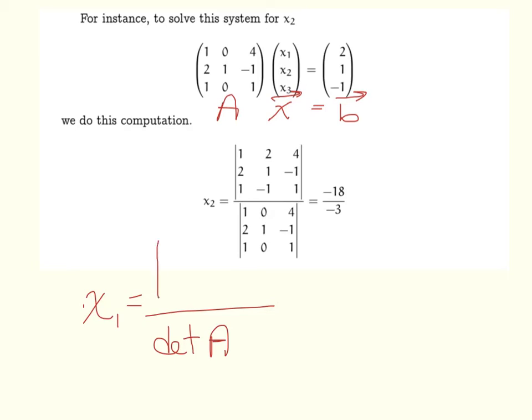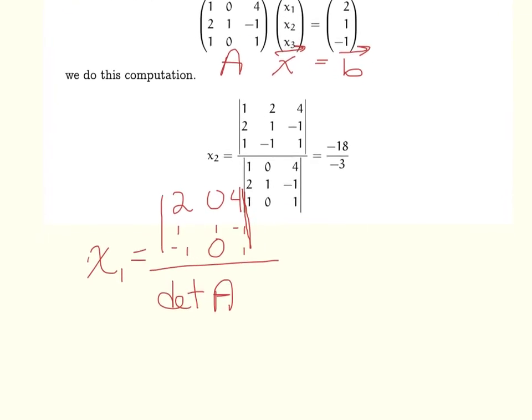It's x1, so I should replace my column number 1 by B, which is right up here. Okay, so 2, 1, minus 1. And then everything else is the same as I had in A. So 0, 1, 0. And it's a bit crammed. 4, minus 1, 1. Determinant of this. Can I move this? Can I please move? No, I can't. Okay.